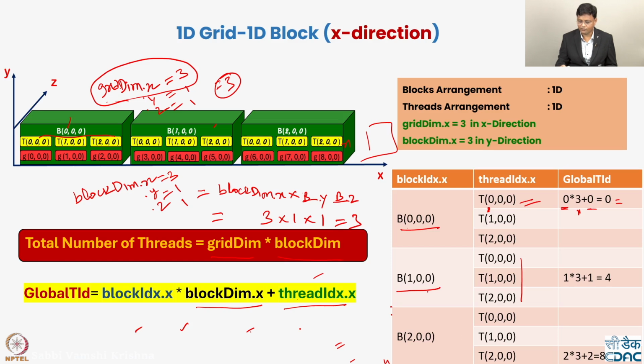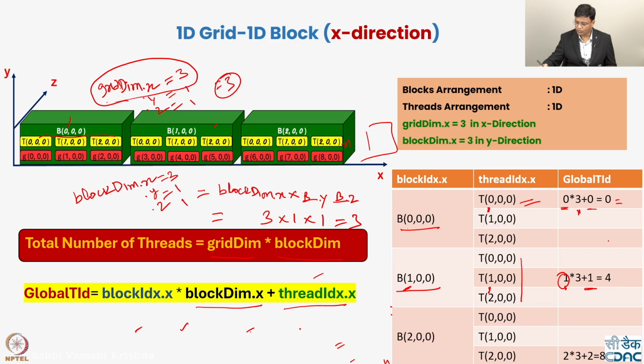Just think of it: the blockIdx in the x direction is 1, so I have considered it here as 1. I know the number of blocks in the x direction, so the gridDim.x value is 3. So I multiplied by 3 plus, then I wanted to calculate for this particular thread. The threadIdx of this thread in the x direction is 1, so I have added 1. So I got the value 4.